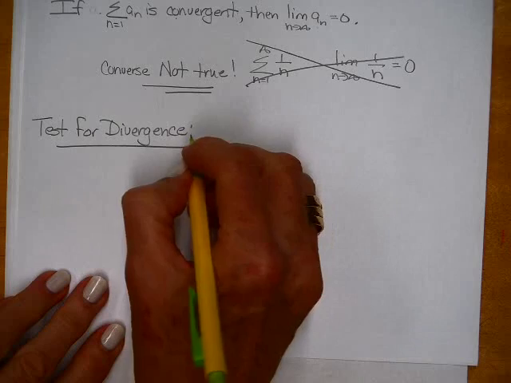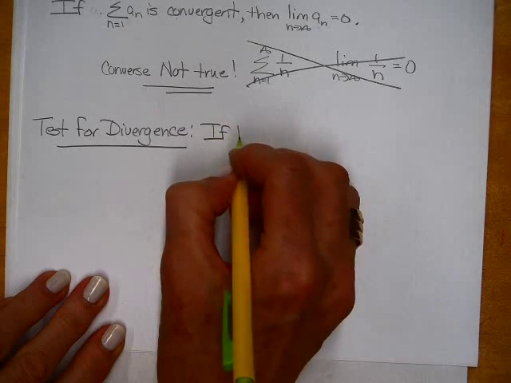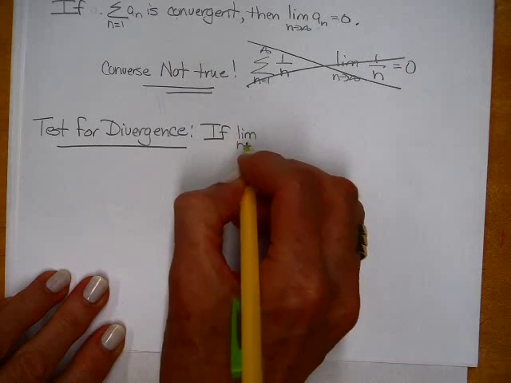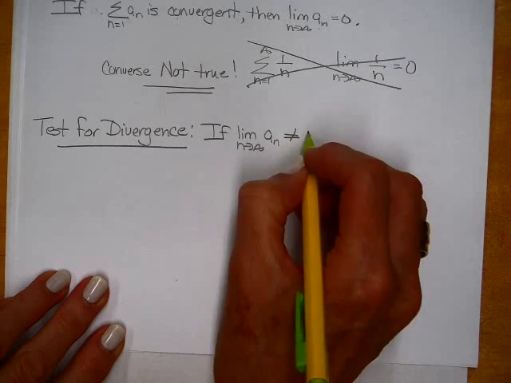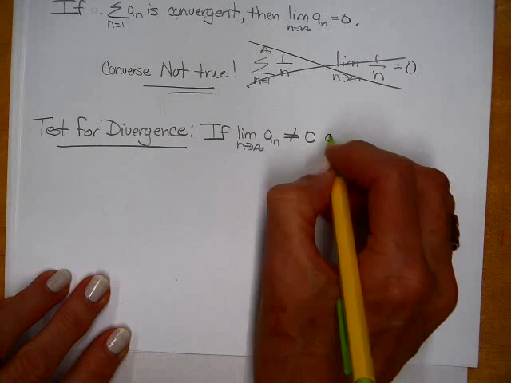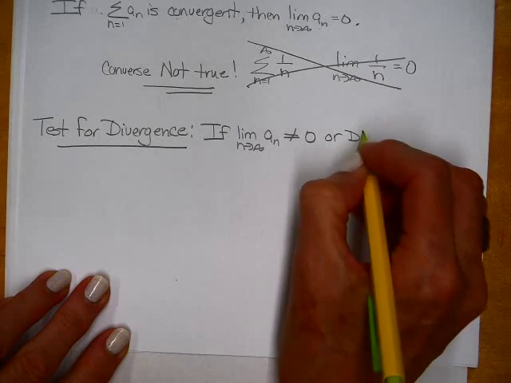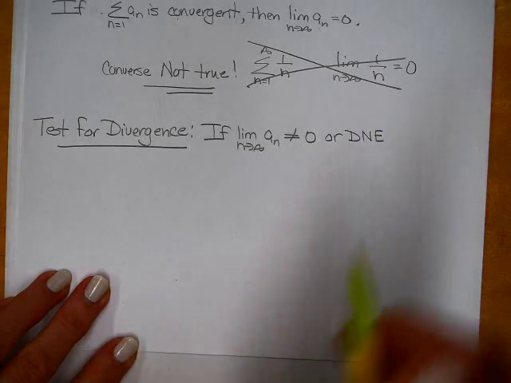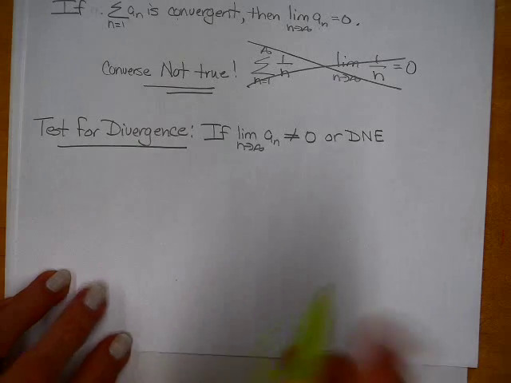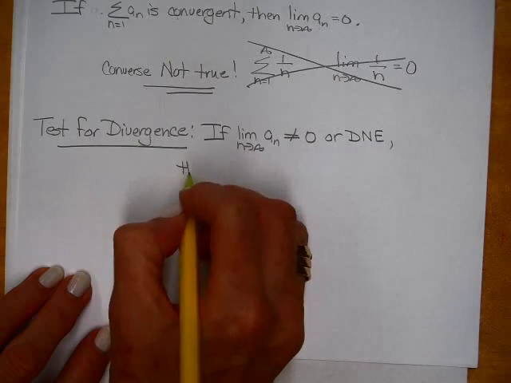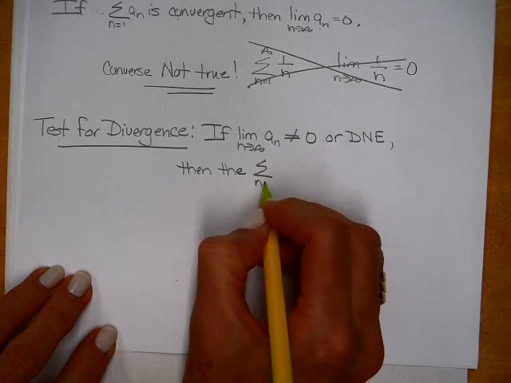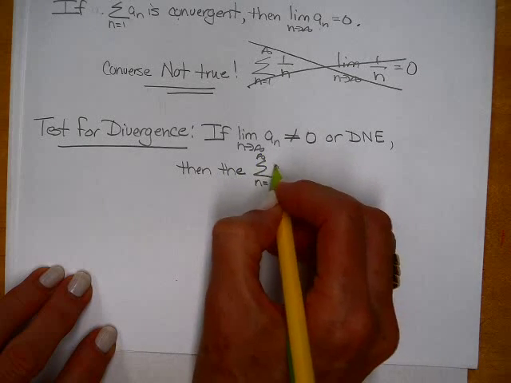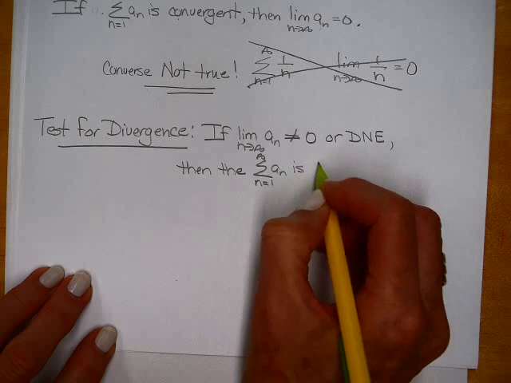The test says, if the limit as n approaches infinity of a sub n is not 0, or does not exist, then the series from n equals 1 to infinity is divergent.